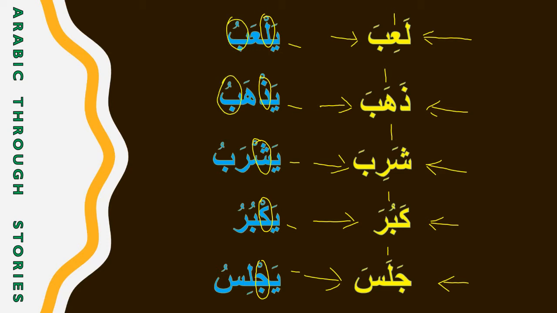Dhamma. But notice what is on the middle root letter again. Sometimes fatha, fatha, fatha, dhamma, dhamma, dhamma, and kasra, kasra. So we see that sometimes it's fatha, sometimes it's dhamma, sometimes it's kasra.